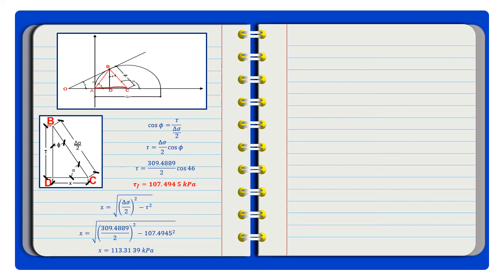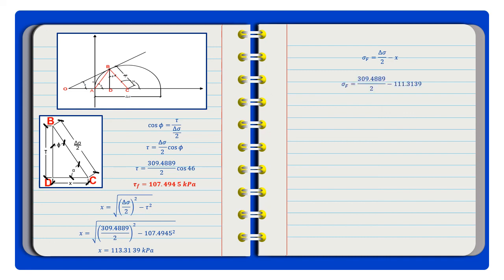The sigma at failure we can get by subtracting X from delta sigma over 2, because this length is delta sigma over 2, which is the radius of our circle. To get sigma, which is this, we subtract from delta sigma over 2 the segment DC, which has a value X. Doing so, sigma f is equal to delta sigma over 2 minus x.